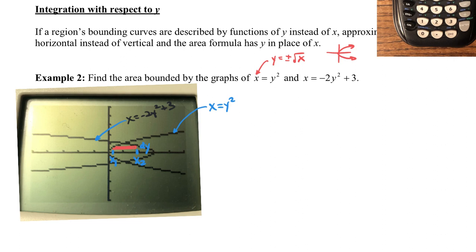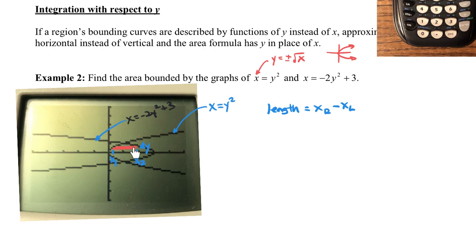So if we were to take this rectangle out of here, the length of this rectangle is going to be the right x-coordinate minus the left x-coordinate. Now this right x-coordinate is from this graph here, from x equals negative 2y squared plus 3. And this x-coordinate over here is from x equals y squared.